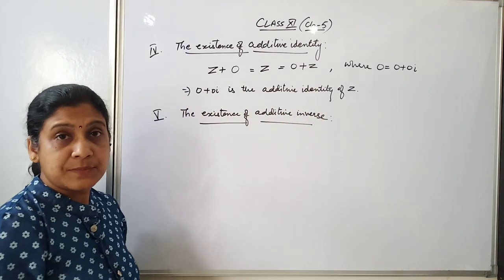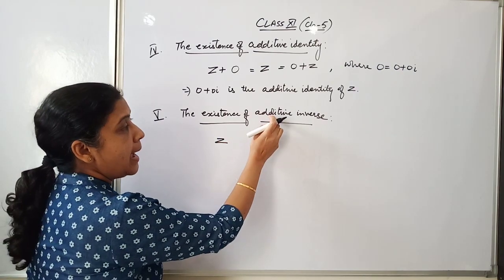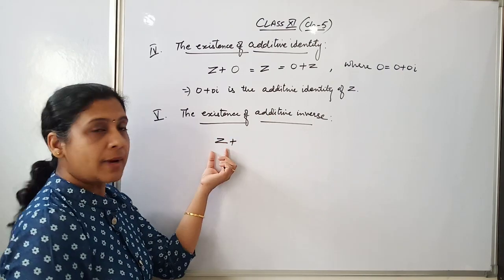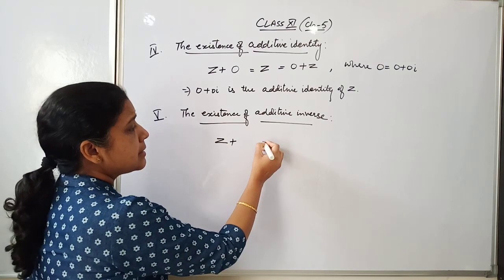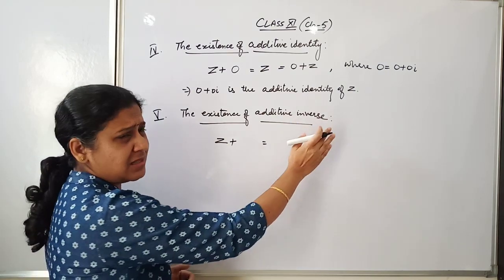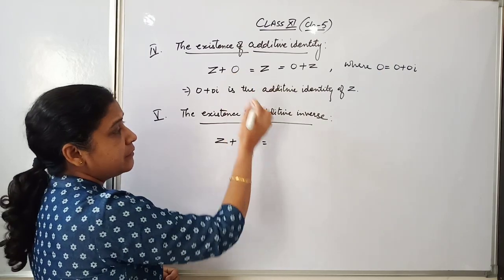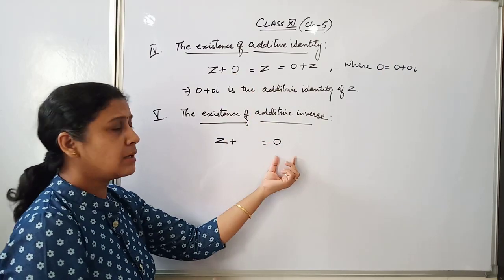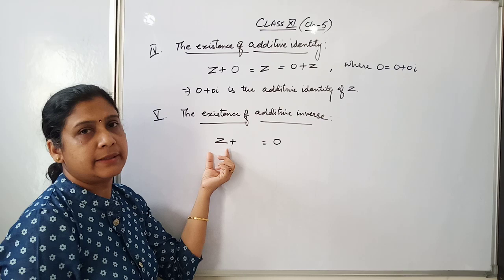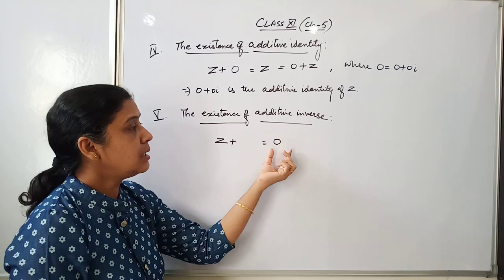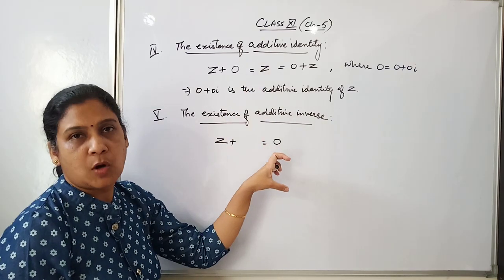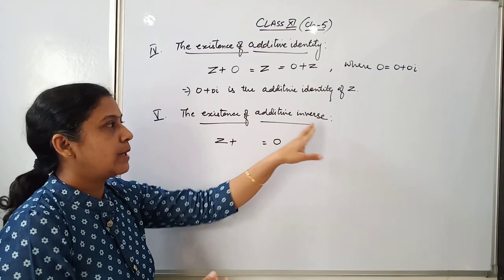Again, as the name suggests, I want to add something into my complex number Z such that it just vanishes. It is getting its identity back. If the identity is 0, I should get back 0. Now what to add in Z? What should I add in Z so that it becomes 0, reaching back to its identity? To get back the identity is known as the inverse.